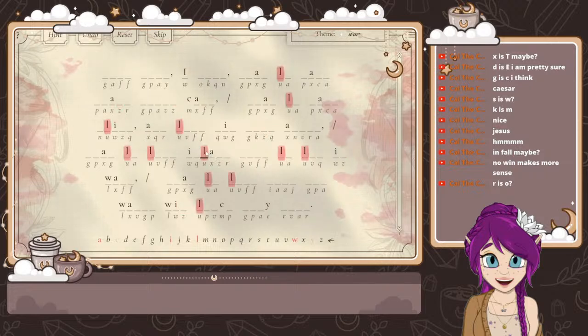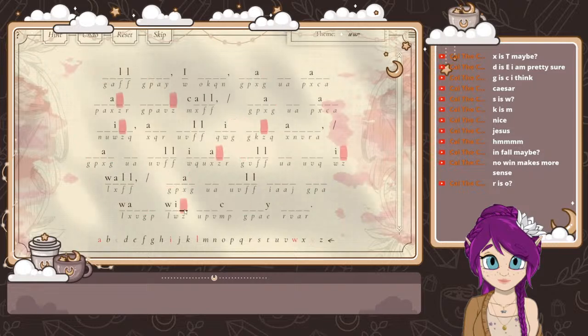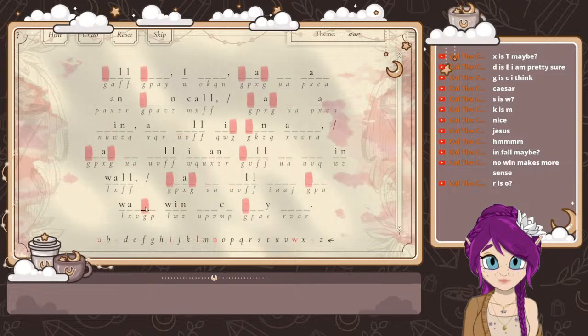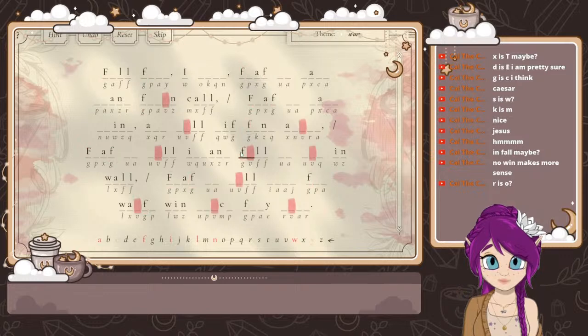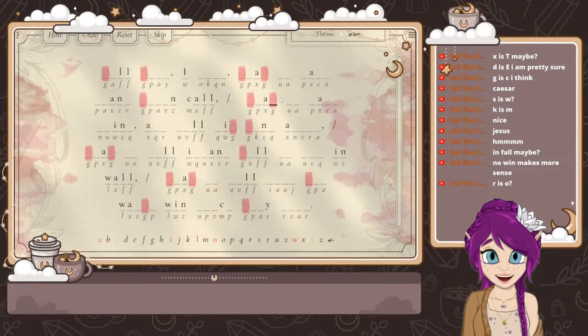It was funny, but no. This is L. Wall, win, waves. I have a feeling this is an F. No, it's not an F, because that word is weird. 'Cause these words double.